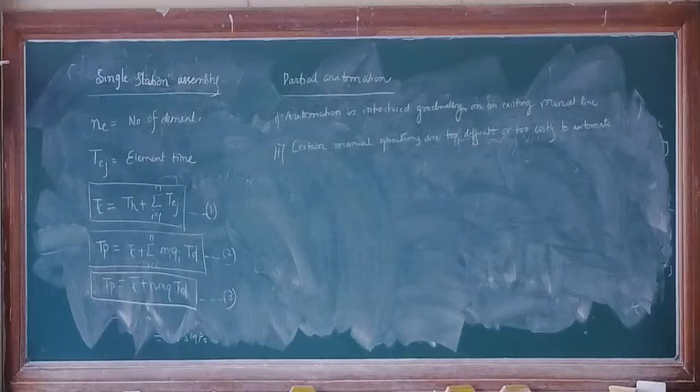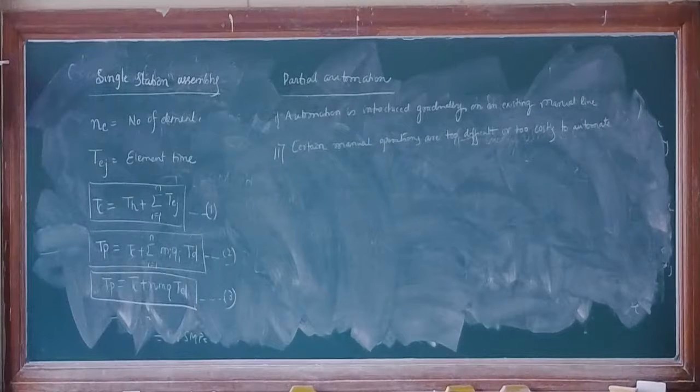We are making the assumptions: workstations perform either a processing operation or an assembly operation. That is the first assumption. The second is that processing and assembly times at automated stations are constant, though not necessarily equal at all the stations.